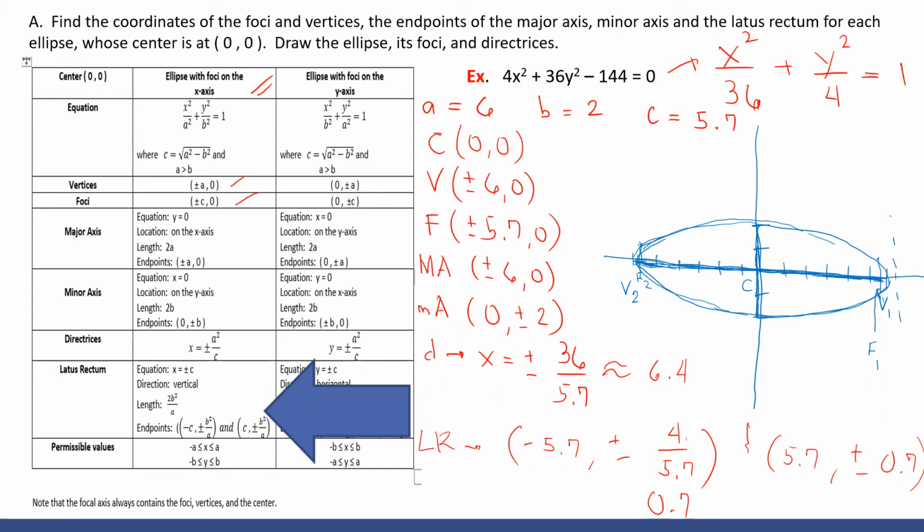So, again, pwedeng solid line, pwede rin namang broken line. But for sure, pwede nyo nang gamitin itong broken line for your directrices. At syempre pa, dyan ulit natatapos ang graph ng ating ellipse and its characteristics. Okay? Ayos.